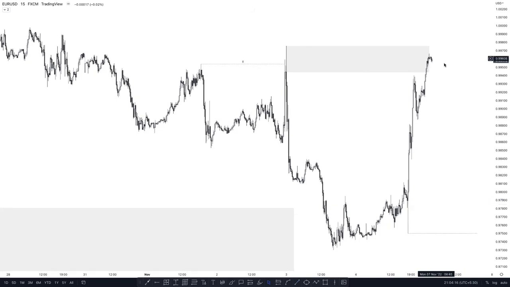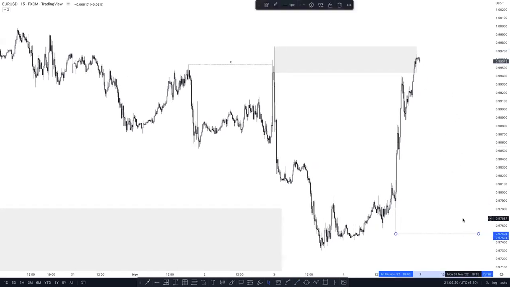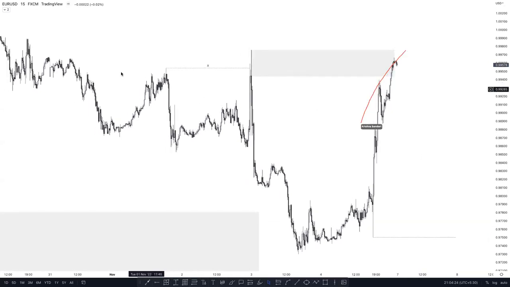Market pushed downside and then mitigated this, I mean, broke this low. So market momentum is completely bearish and market is taking out the liquidity and continuing to push to the downside. So once price taps here, this is an extreme, high probability zone for the sell.